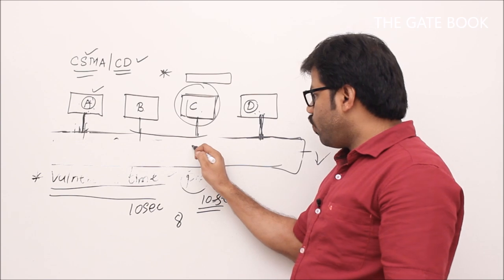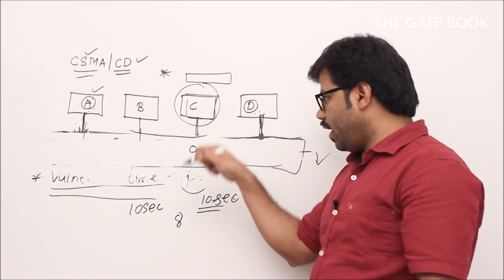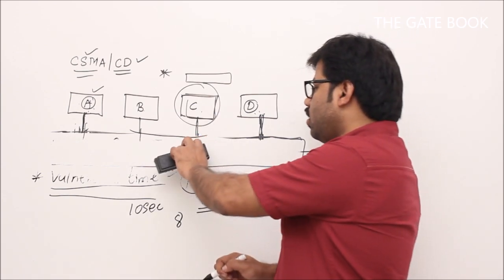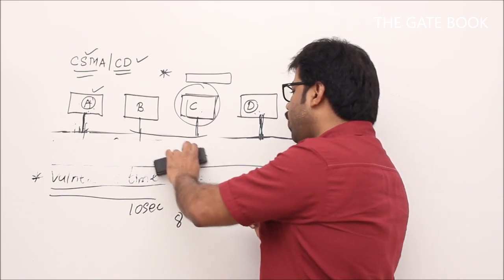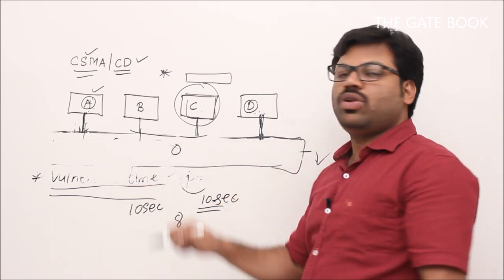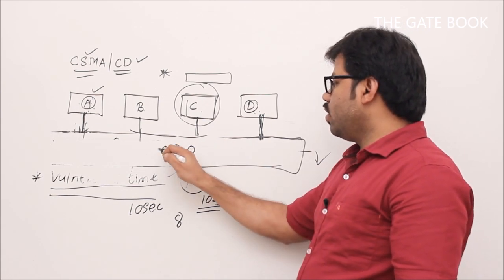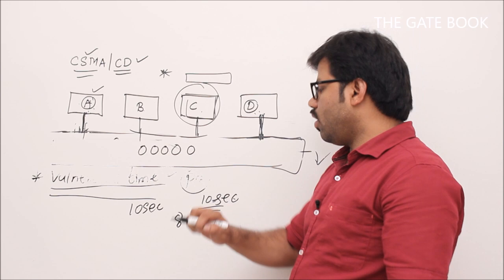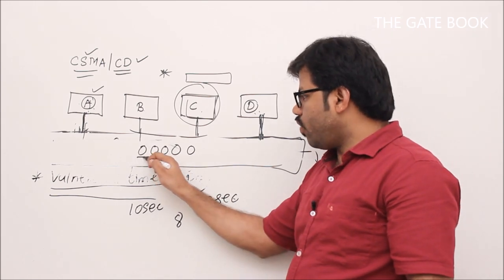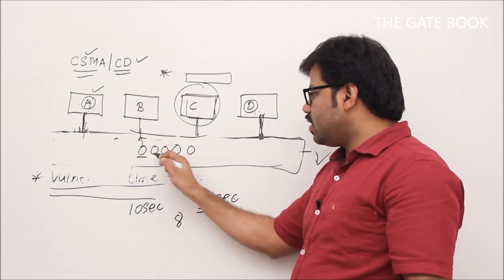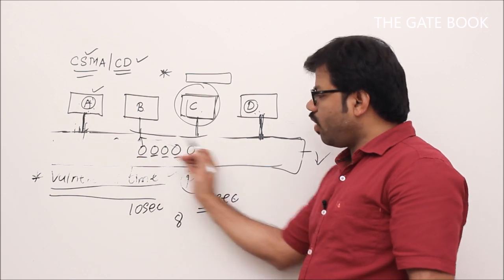Now example, the first bit whenever it comes onto the line, it will be only 1, but after 1 second they will become 2, correct? Now you see, the second bit will come, then the third bit, fourth bit, fifth bit. When the first bit comes here, the second, third, fourth bit will follow.